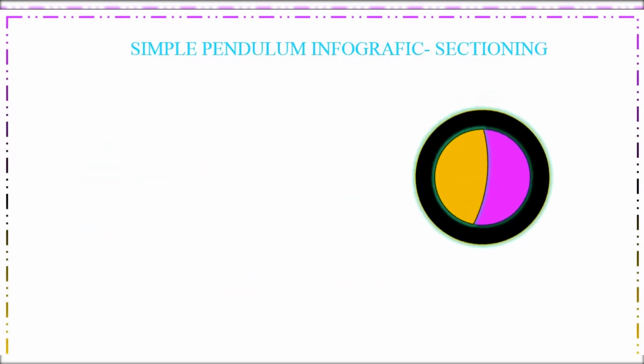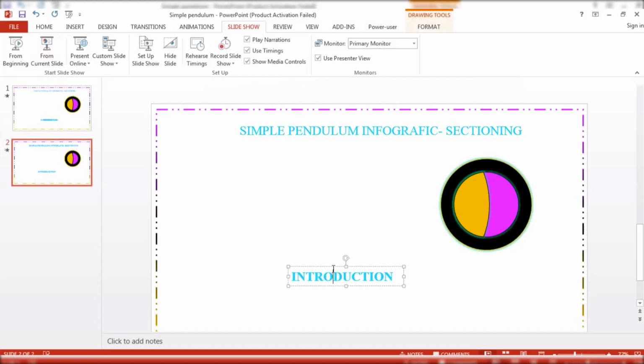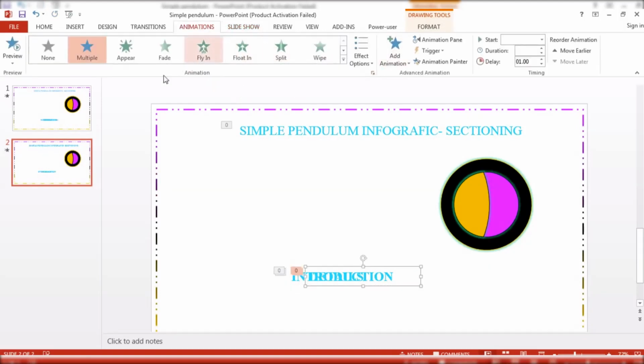Now similarly, we need to add 3 more subtopics such as details, applications, and conclusion. After duplicating, add the details. Then drag and align and adjust it very properly. Go to the animations, first select none animation and then add the animation as fade.